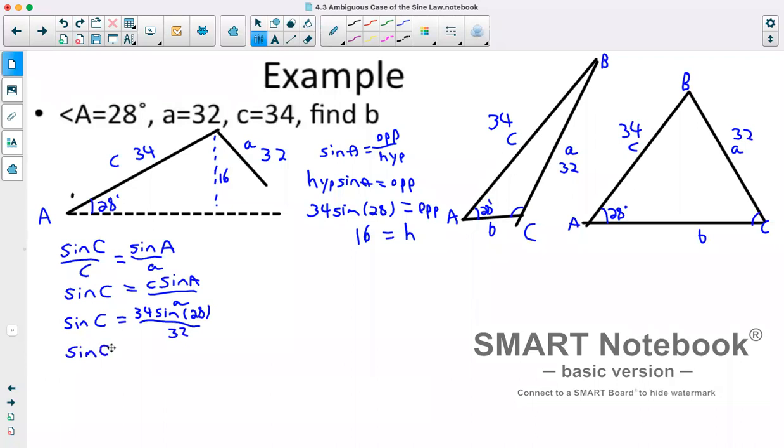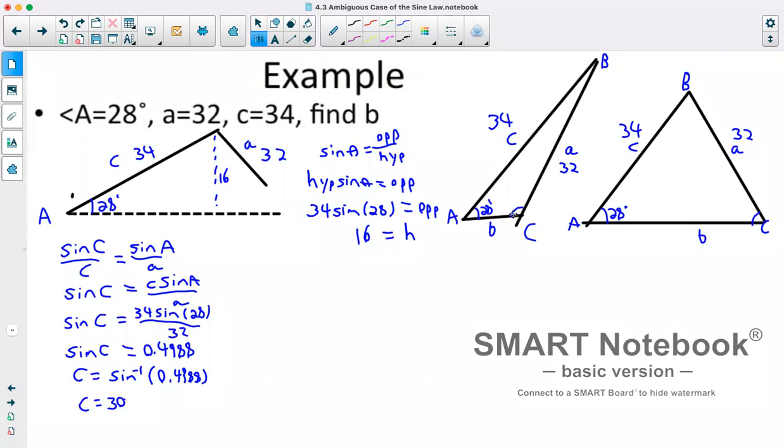So that gives us sine of C is equal to 0.4988. We'll use arc sine, which shows up on your calculator, sine -1. I have 0.4988. And that gives us 30 degrees.